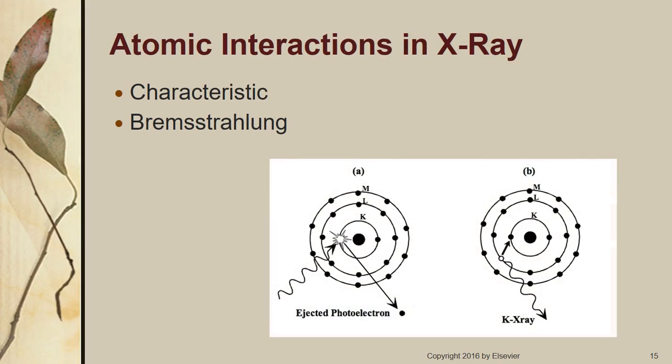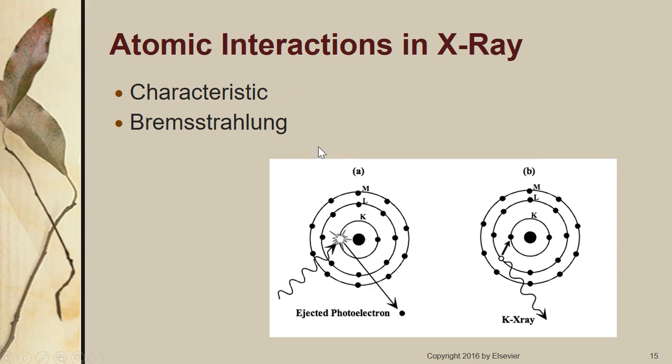Now, with X-ray, and we're going to talk about this in chapter 6, but just so you know, this is what we're leading up to. Knowing how the atom is made, here's the nucleus. We're going to talk in just a second about these shells that come out like this, but we have something called characteristic X-ray and Bremsstrahlung.